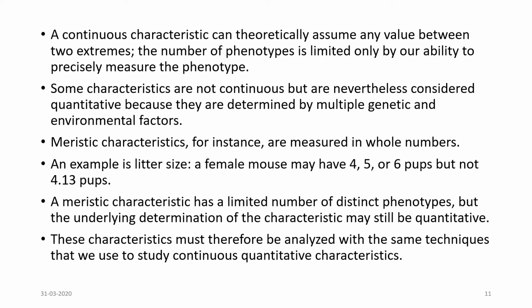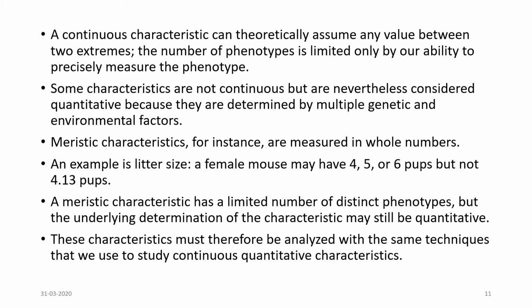So when we are talking about a continuous characteristic, it can theoretically assume any value between the two extremes. The number of phenotypes is limited only by the ability to precisely measure the phenotype. Some characteristics, like meristic characters, are measured by whole numbers.